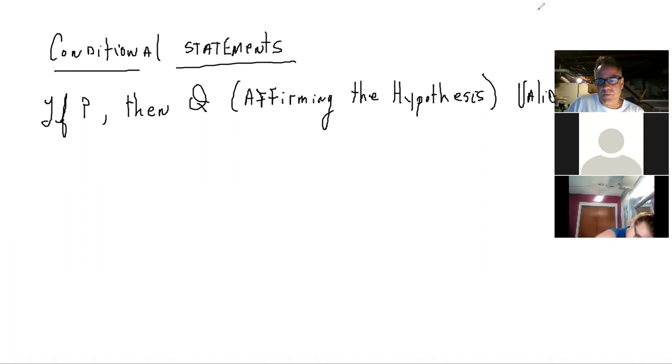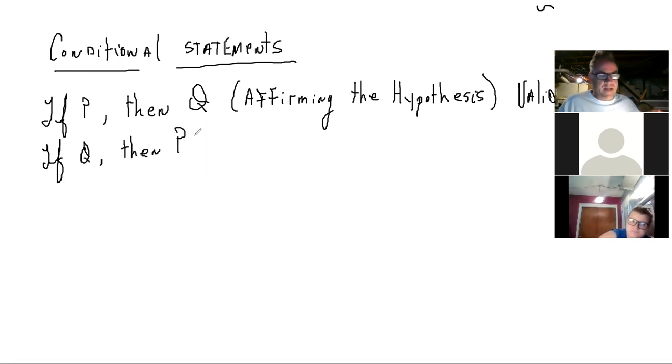If I use this symbol here, which you can find on your keyboard, it is called tilde. The tilde symbol, one little squiggly line. In logic, it means not. So just the opposite. If I reverse these two, if Q, then P, this is referred to as affirming the conclusion.